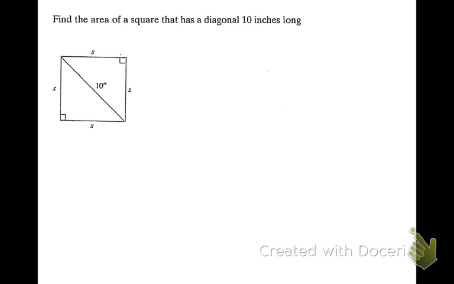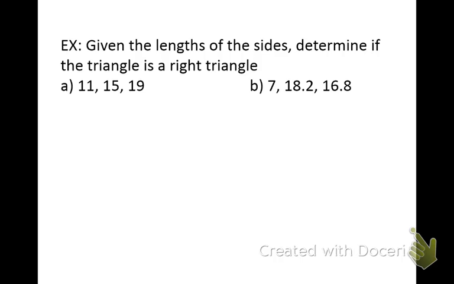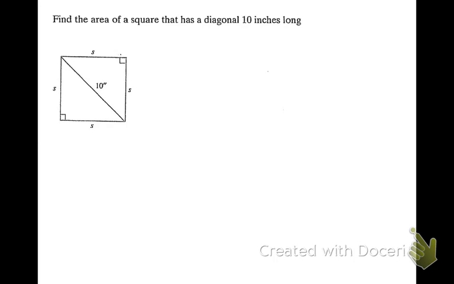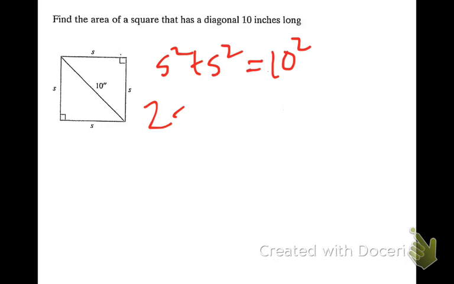We could say s squared plus s squared equals 10 squared, so that's going to be 2s squared equals 100, so s squared equals 50. Take the square root of 50.